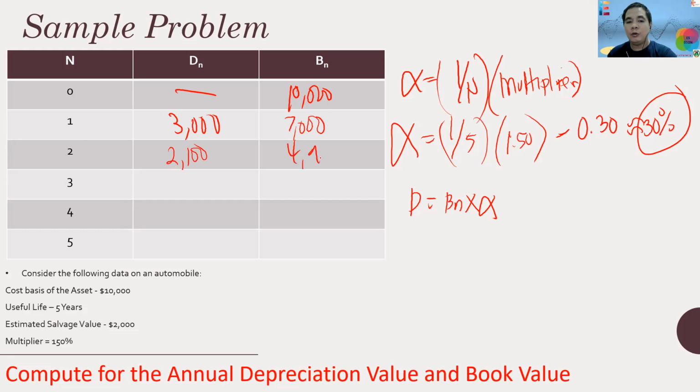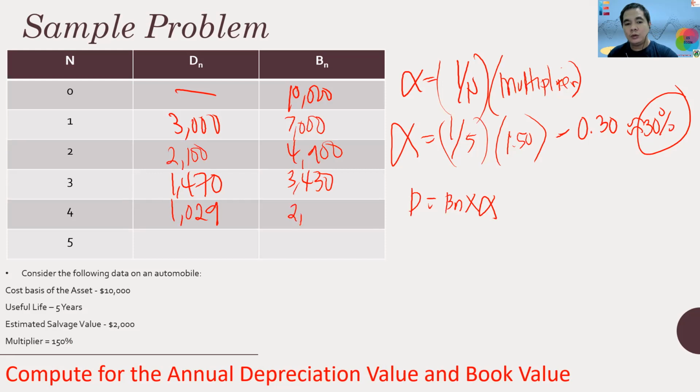4,900 is the remaining book value. This is 1,470. So 4,900 minus 1,470 is 3,430. This is 1,029.